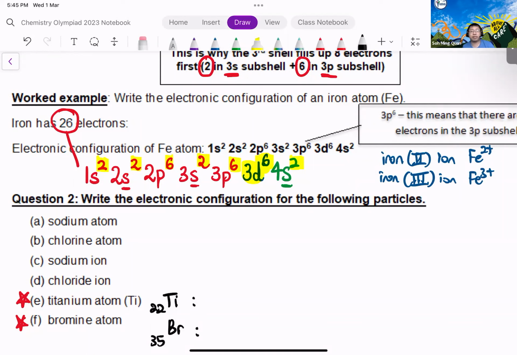So remember, always count the number of electrons and total it up. Make sure it's correct, like just now what I did for iron. Now titanium has 22 electrons. So you might want to make sure you add up the 22.